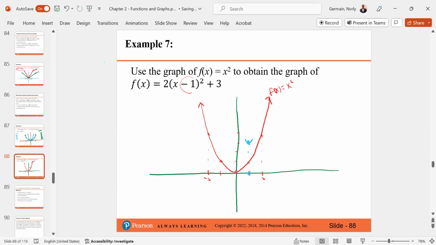What would y be? You see, y would be 5, right? So our graph would go through that point, and if x is 2, this one will also be 5.